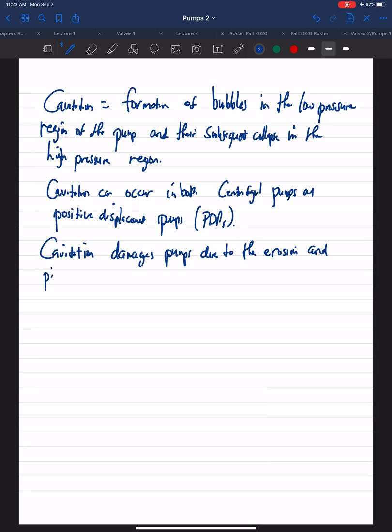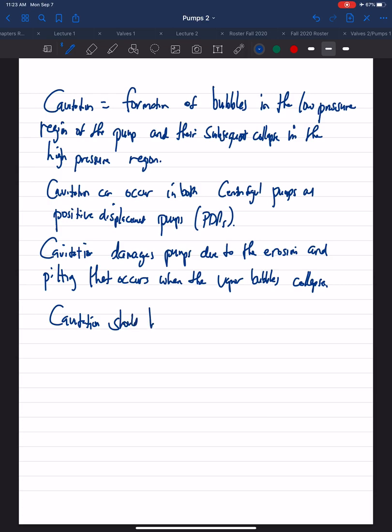These are corrosion terms that occur when the vapor bubbles collapse. So cavitation should be prevented.